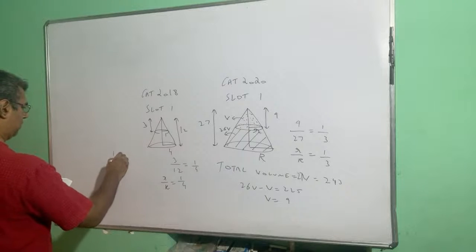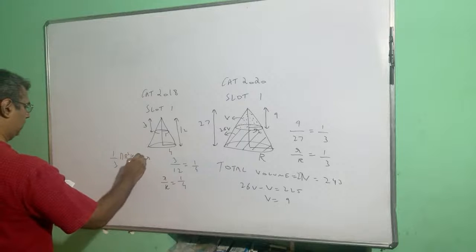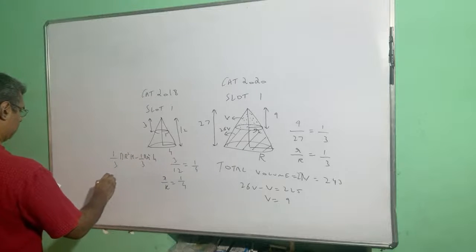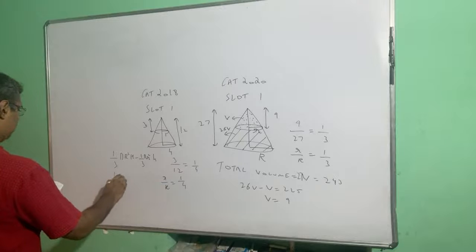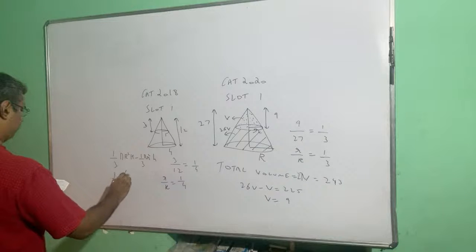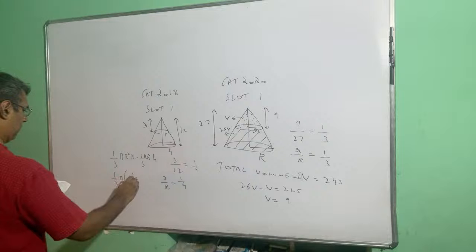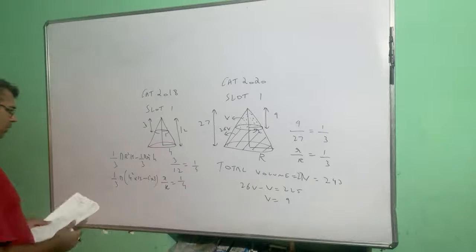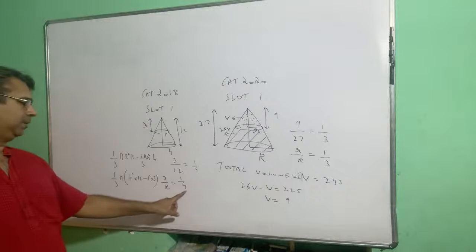We will do 1/3 pi bigger square into big H minus 1/3 pi smaller square into small h. So you can take 1/3 pi common, and 4 square into 12 minus 1 square into 3, because bigger is 4.